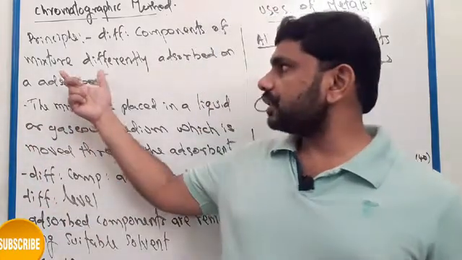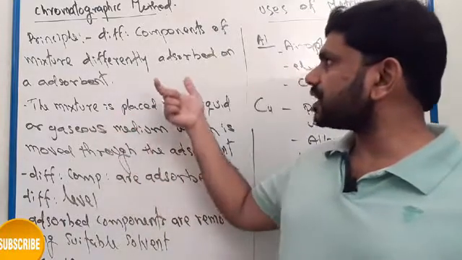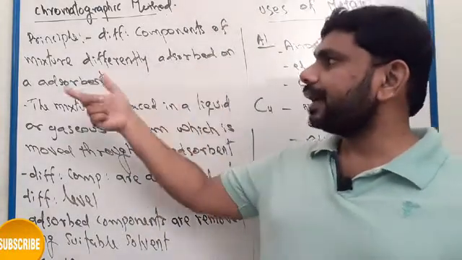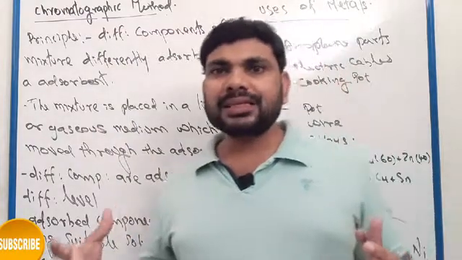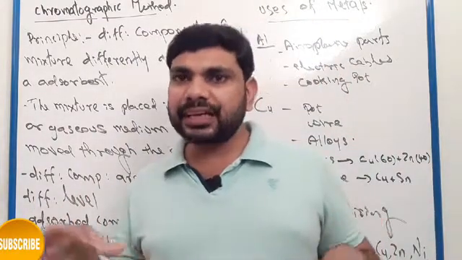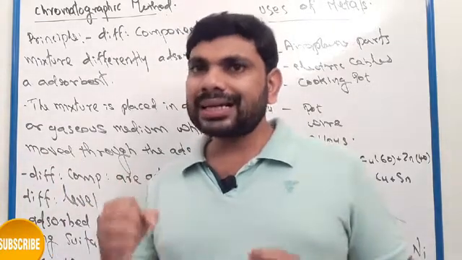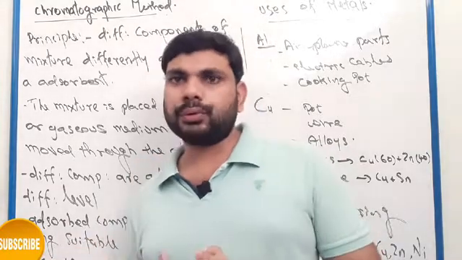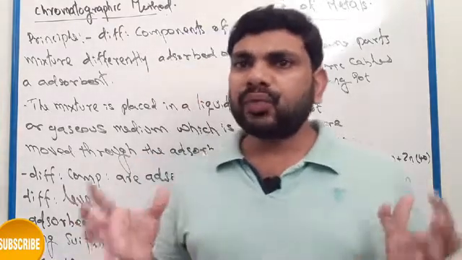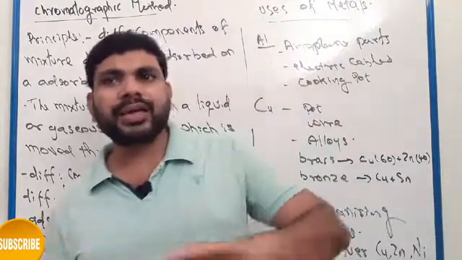The different components will be adsorbed by an adsorbent, and this adsorption will be to different extents. Some components will be adsorbed more, and some will be adsorbed less. So here we have a mixture, and this mixture will be passed through a surface.